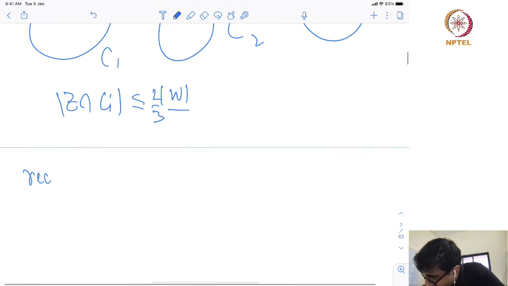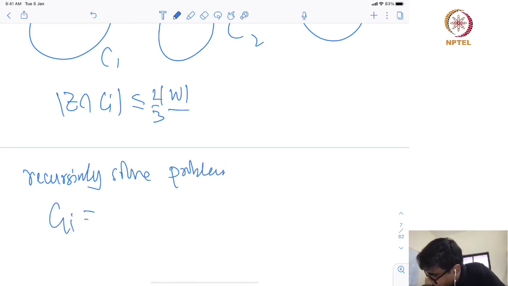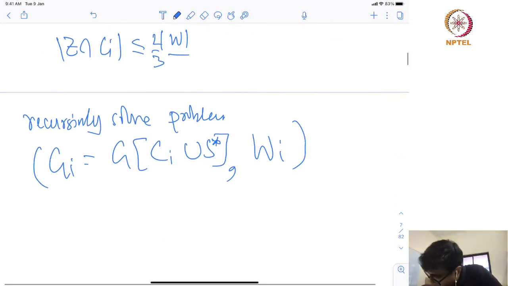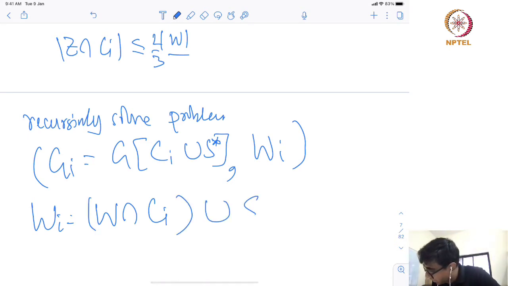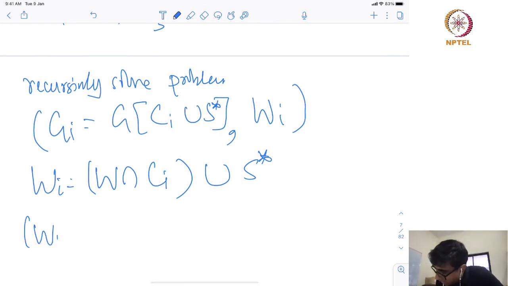You recursively solve the problem on Gi, which is the graph induced on Ci union S star, and you assign Wi. So, what is Wi? Wi is W intersection Ci union S star, right?